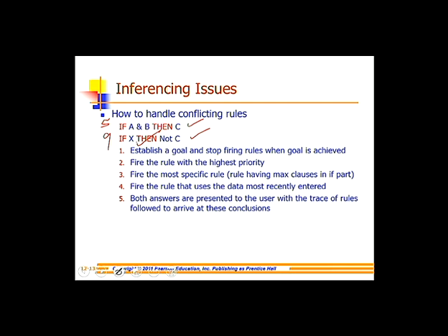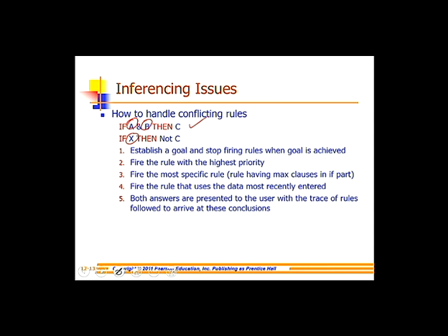Okay. Another is find the most specific rule. If by specific we mean a rule that uses more information. For example, in these two rules, rule 1 is using more information. It uses 2 facts, but rule 2 uses only 1 fact, right? So in this case, rule 1 is more trustworthy. We will accept this solution.